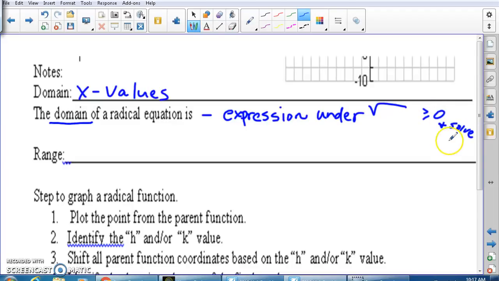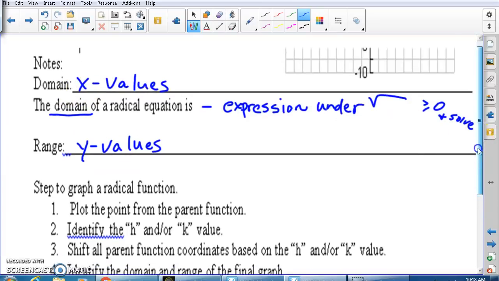And that's going to give us the lowest x value that will be possible for that function. Now, the range of any function are the y values. And so we're going to be looking at the domain and the range.